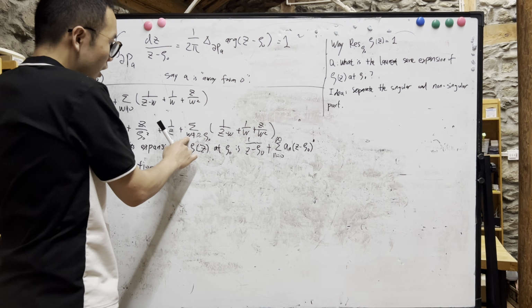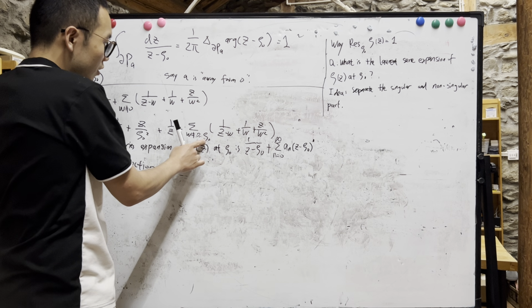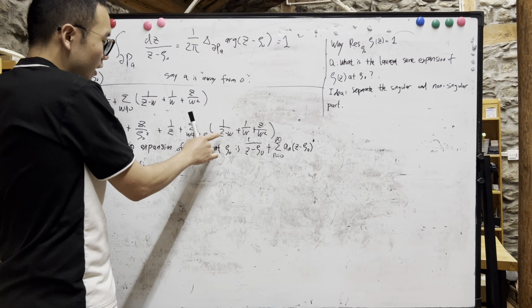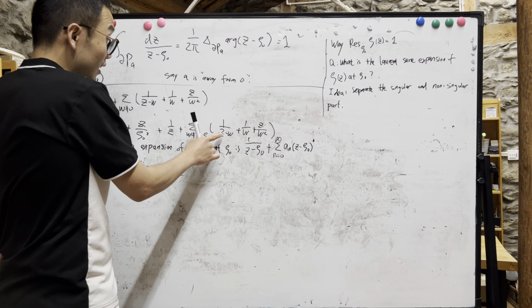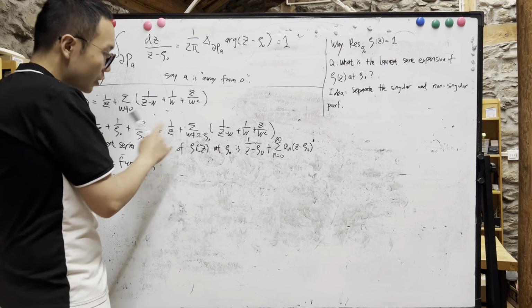Because for this omega other than 0 and zeta naught, this 1 over z minus omega is well defined around a neighborhood of this zeta naught.